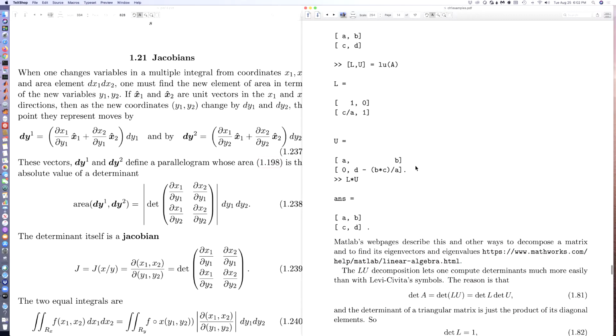And then we can check by taking the product of L times U, and what we get is the original matrix A, B, C, D.